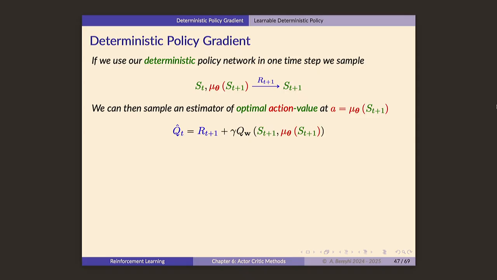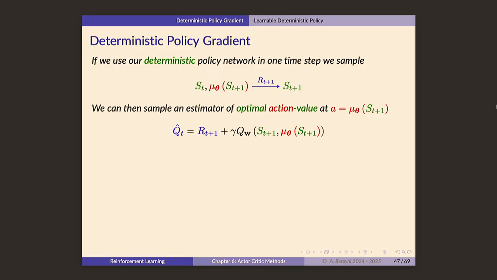Every single time I'm in this state, I look at the next state and give it to my policy network, and it gives me the optimal action. I give these two into my Q network and see some optimal value for the next state. I take that plus the immediate reward I get, and I can build one label. And this label should be what my Q network outputs right now.